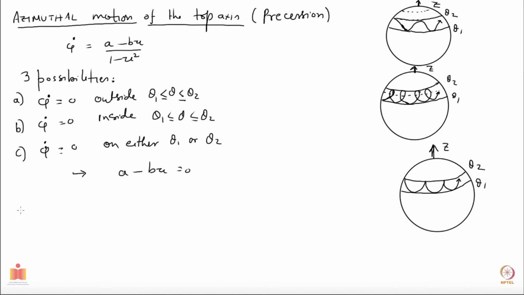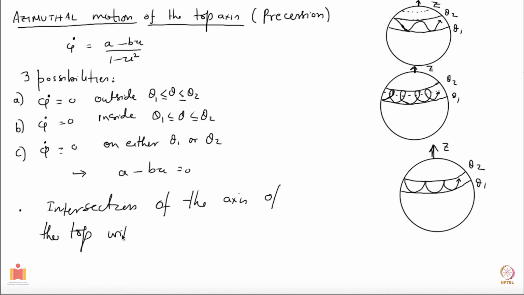What we have done here is the intersection of the axis of the top with the unit sphere. It's a nice way to visualize what the top is doing. So this is quite nice.